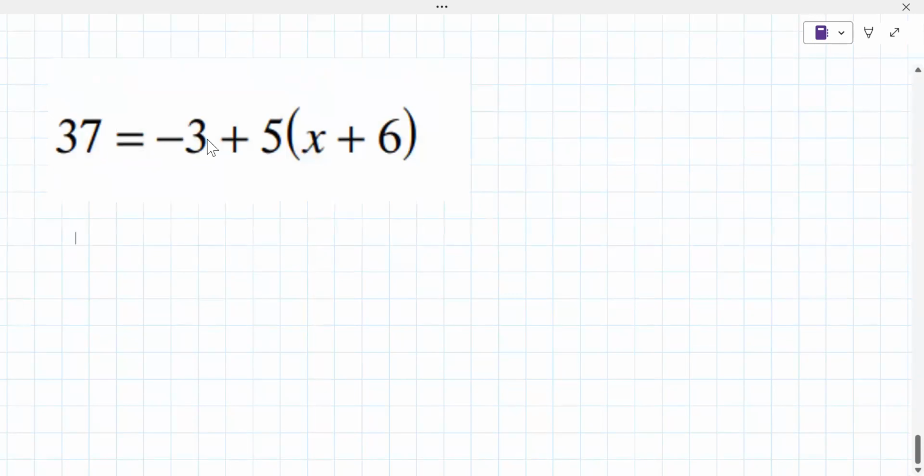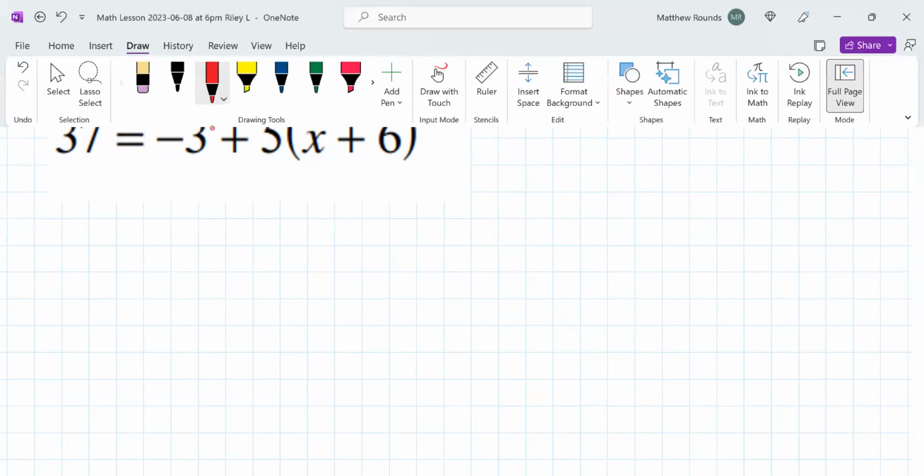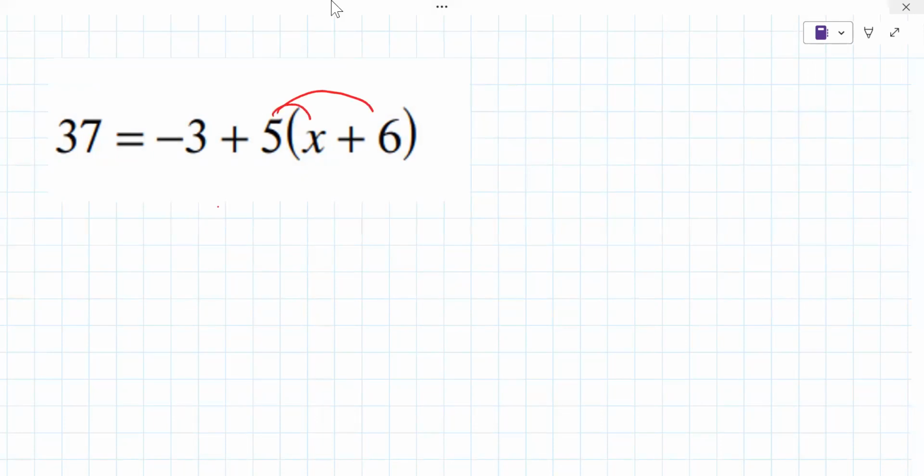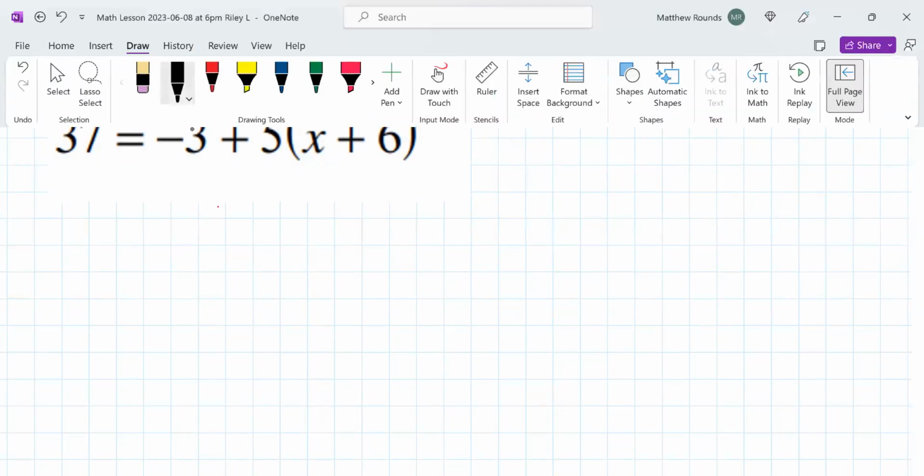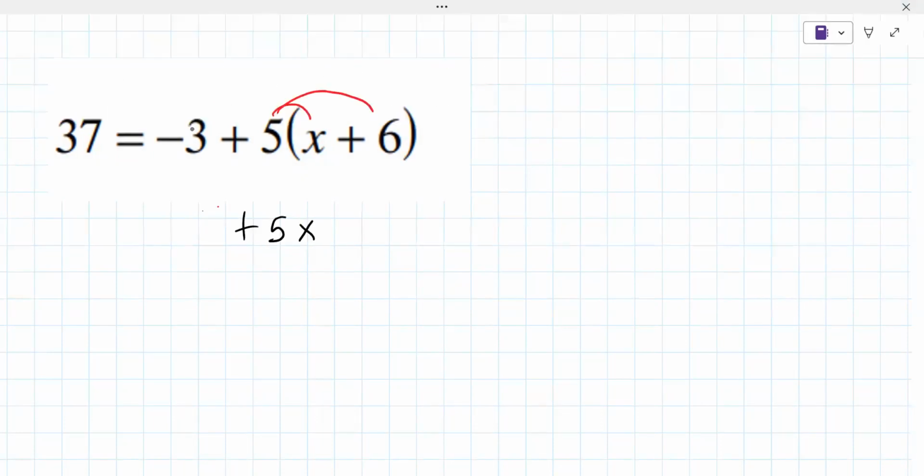All right. So we got 37 equals -3 plus 5 times parentheses x plus 6. We talked about last time, when you have a number outside the parentheses, you want to distribute that to both of these. So this becomes 5x plus 30.